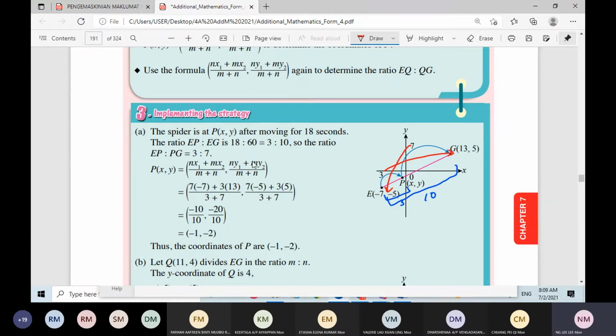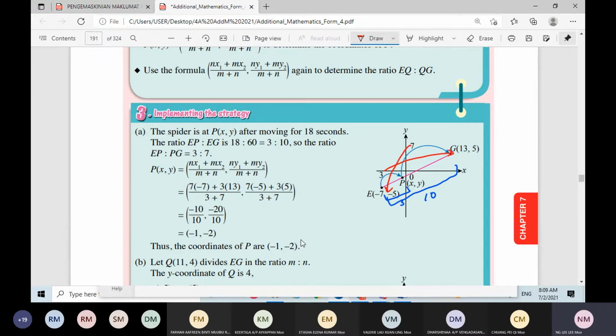If not, you do like previously, you get the X coordinate and then the Y coordinate. For X coordinate, 7 times -7 plus 3 times 13, and then the total ratio is 10. For Y coordinate, 7 times -5 plus 3 times 5, over 10. Then you get the coordinate.